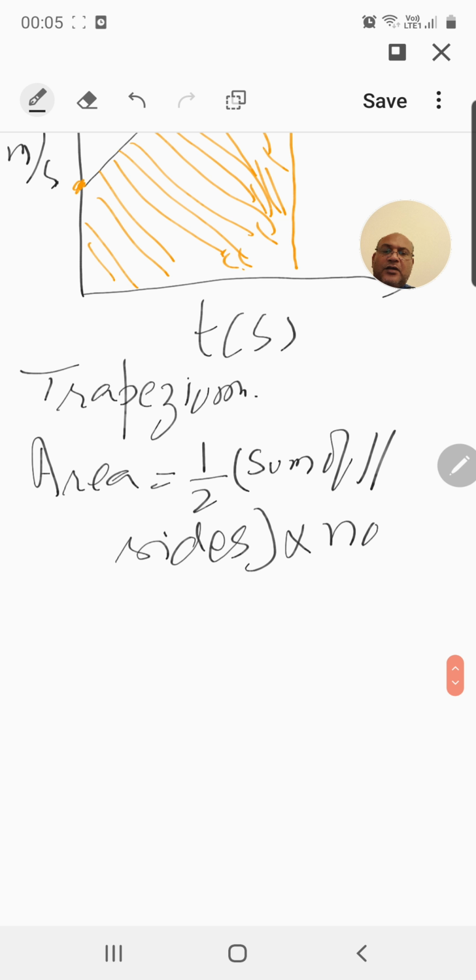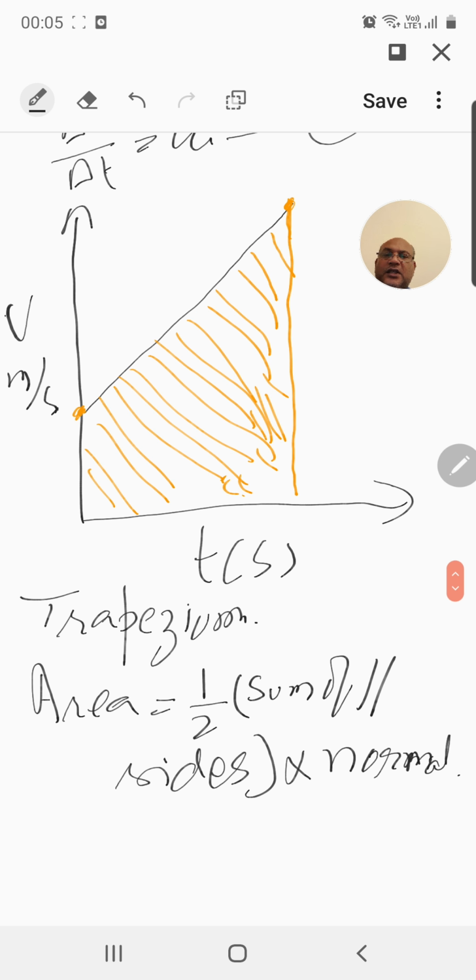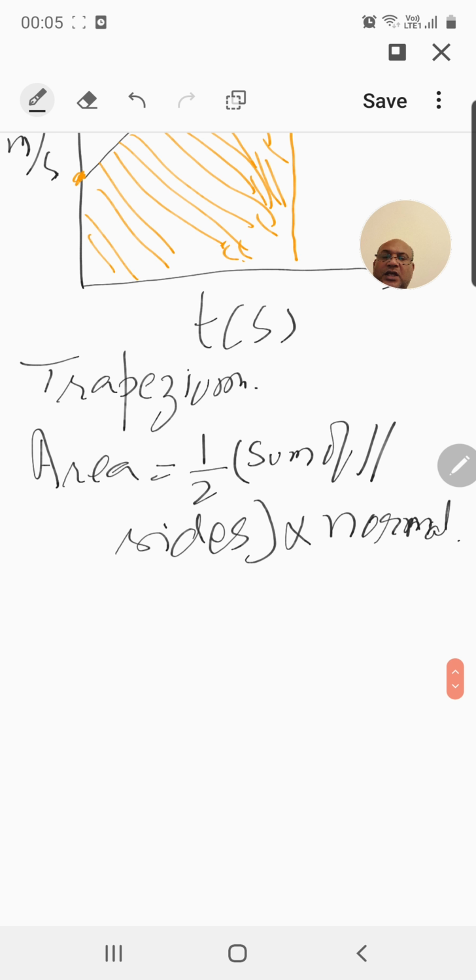Let me write it normal because it would fit on this page. So if I calculate the area under this trapezium, that area would be equal to the displacement covered.